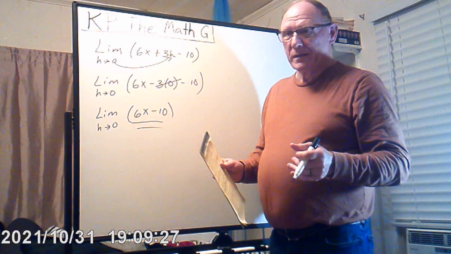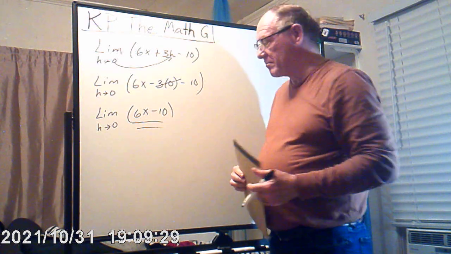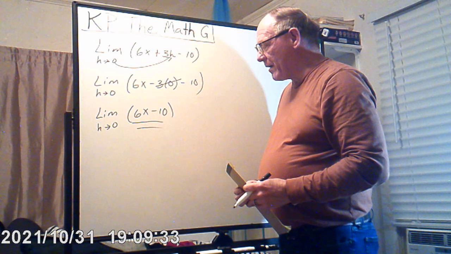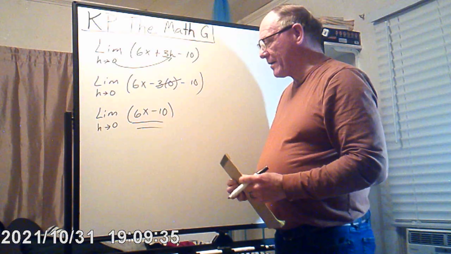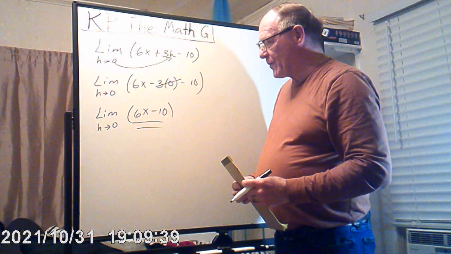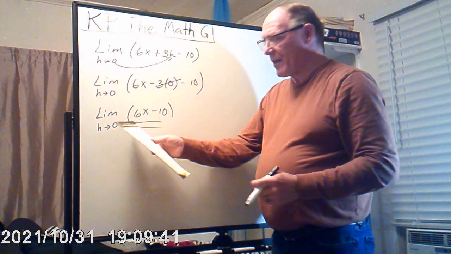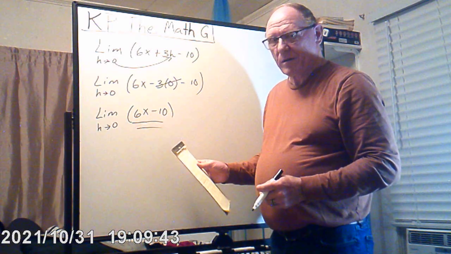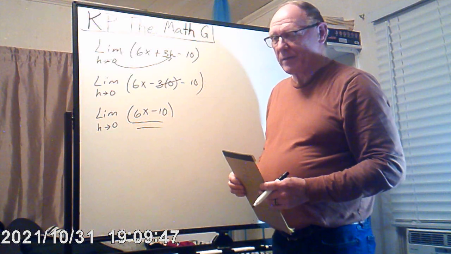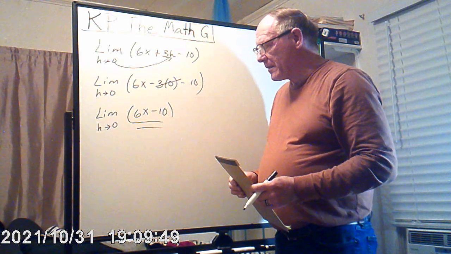Okay, 2 feet per second. You see what I mean? That's what it could be. So that could represent a lot of things: miles per hour, feet per second, meters per second, and so on.